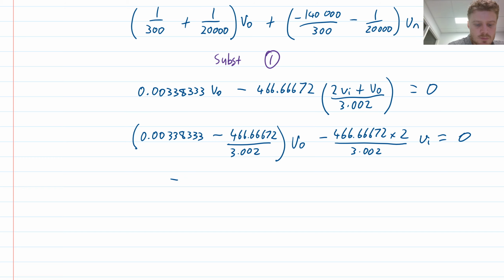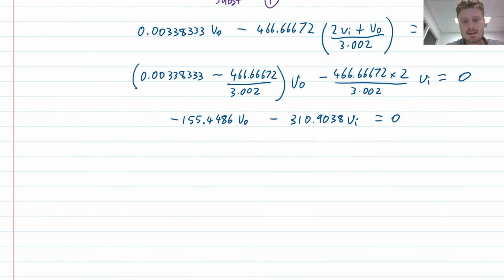So this leaves me with minus 155.446 V0 minus, so 466.6667 times 2 divided by 3.002 is 310.9038 Vi is equal to 0.